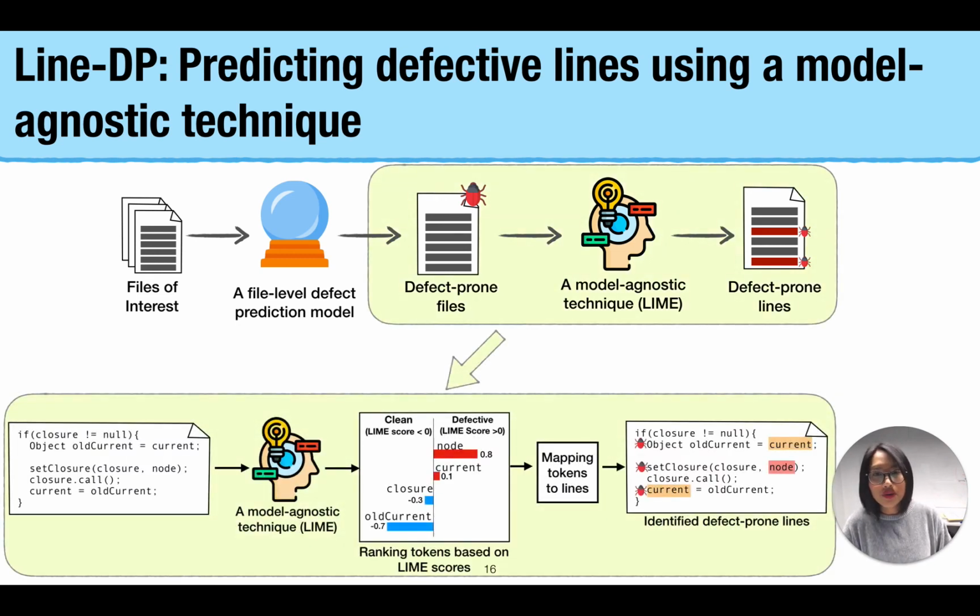So if you look into this example, given the source file, our file level model says that this file is likely to be defective. We use LIME, which is an explainable AI technique, to say which token in this code is likely to be defective, is a risky one, and then we map it into the line.